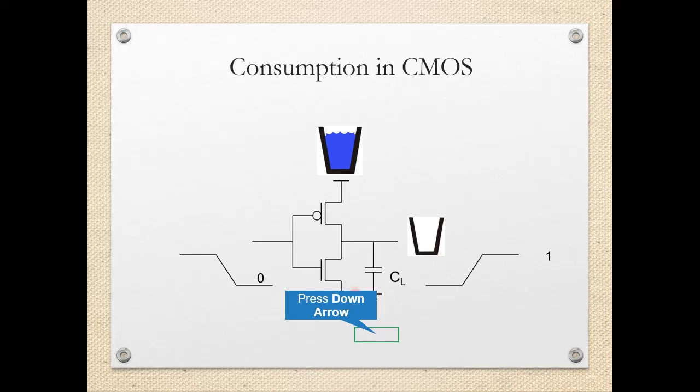So we will get the inverted waveform, which is the transition from low to high. Now when this particular input, logic low, is applied, which device will be on? When logic low is applied, definitely the P MOSFET will become on, and we will see how the power will be consumed.